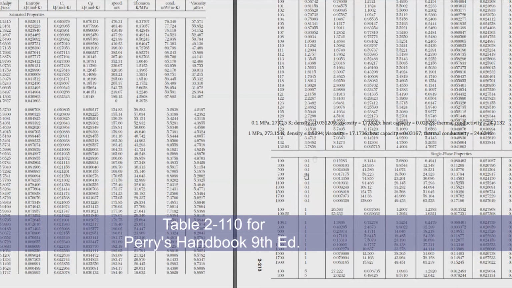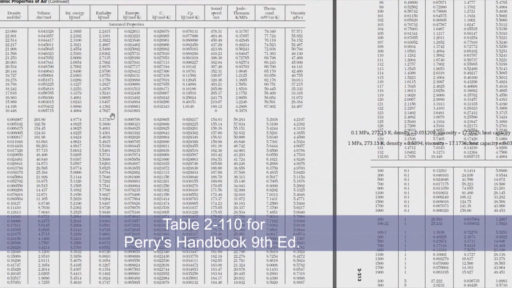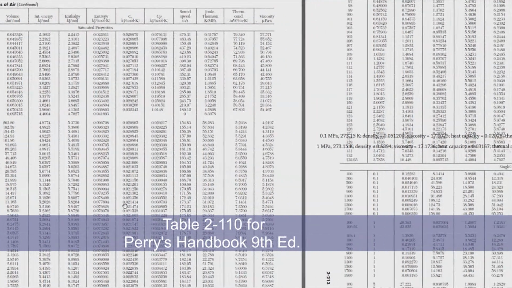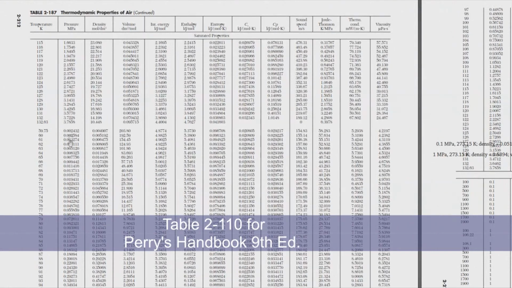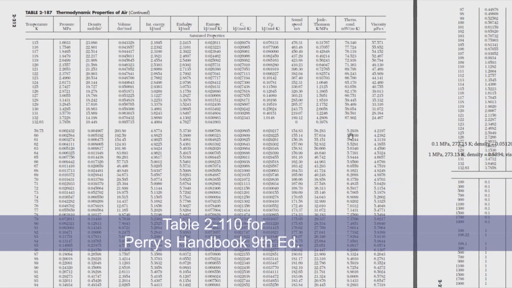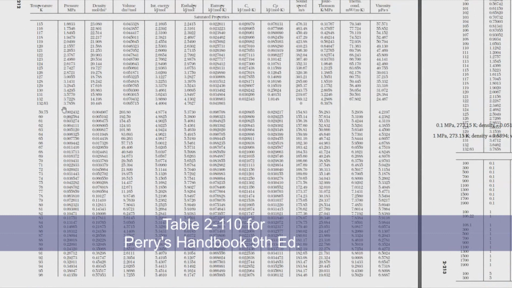Now in this case, you could see that we don't have any saturated property, since the saturated property ends somewhere at around 132 Kelvin, that is 3.7 megapascals, so we need to assume that this is at 1 atm pressure. So that's what we do when we're considering fluids where the pressure is not given and the temperature is not within the saturated properties.